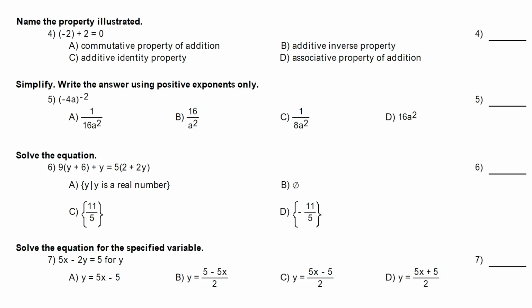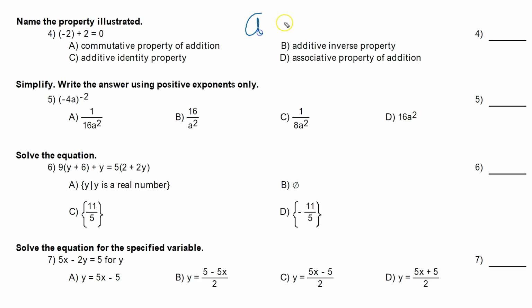Now another one, the associative property, is that if we have a series of, let's say, additions, let me give letters here.